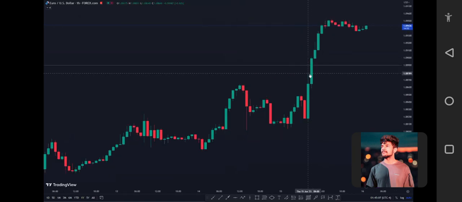Price went straight up, came down, then again redelivered, rebalanced. What does it mean? It clearly means it's not going to go below this one, because this whole area has already been balanced here, so price doesn't need to come below this low. If it does, I'll have to wait for more information.